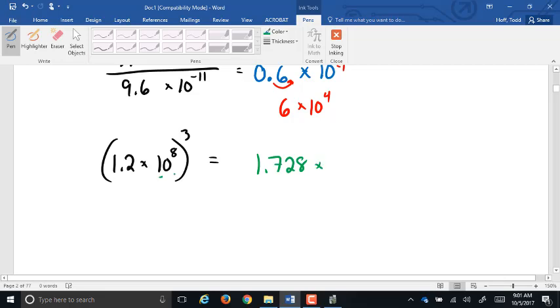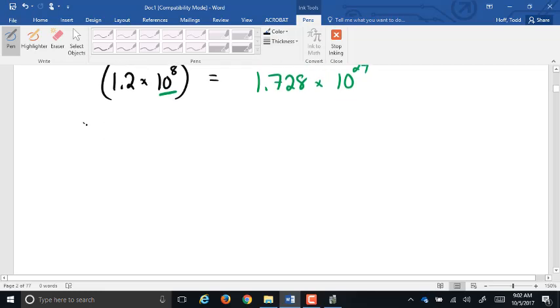And then we also do the name to that power. 10 to the 8th, to the power of 3, is 10 to the 24th. 8 times 3 is 24. Look familiar? Good enough. We'll call that good enough for those.